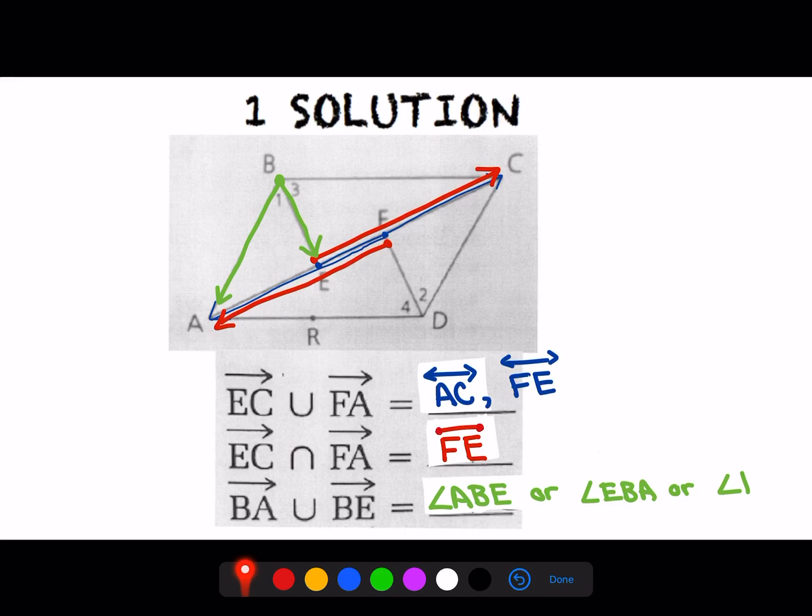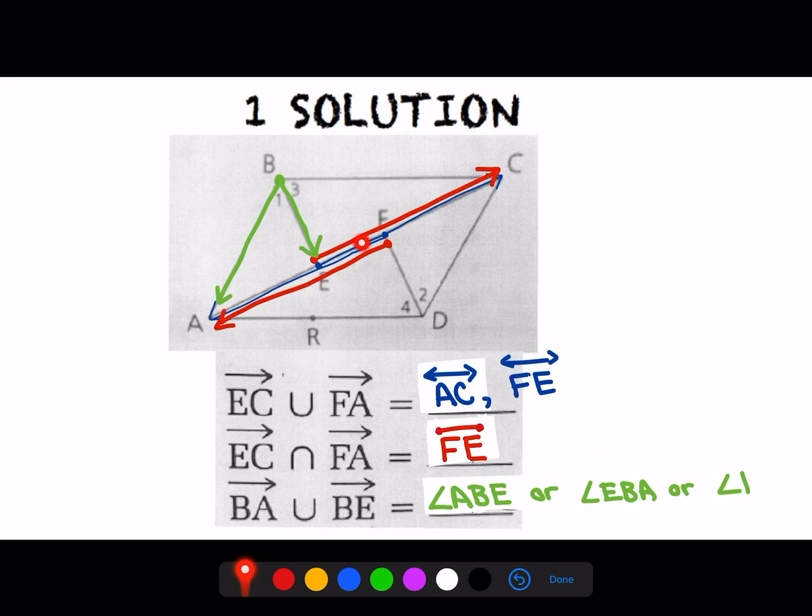Well, the crossover is from point F all the way to point E. That's where they're overlapping each other. Anything past that no longer works. So therefore our answer is segment FE. And it's very important that this is a segment. As you saw earlier, there were some arrows here, but just make sure that you get rid of those. It should be a segment, should have endpoints on either side, much like FE does.